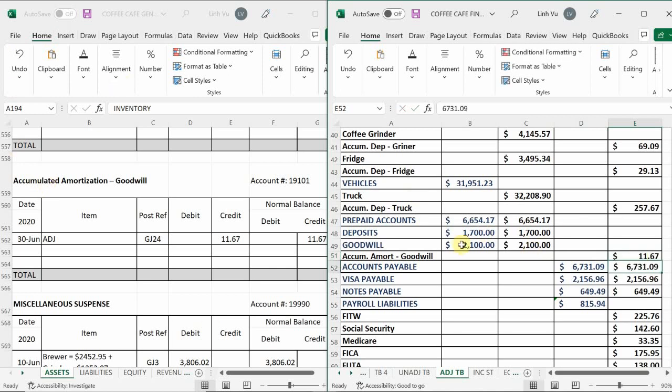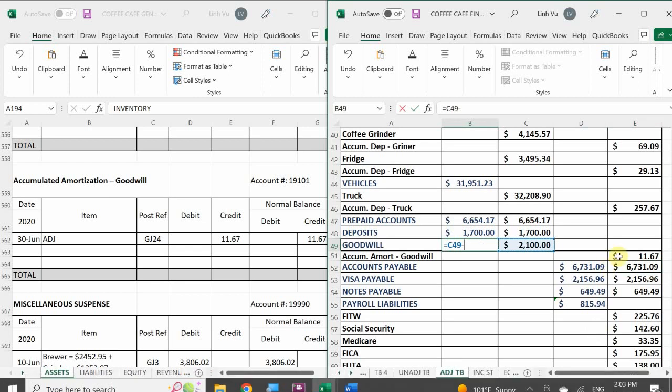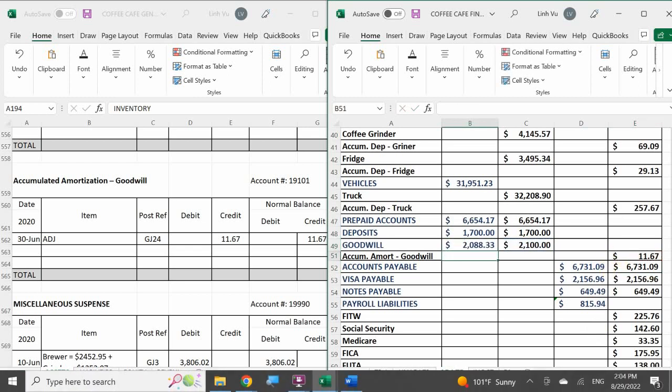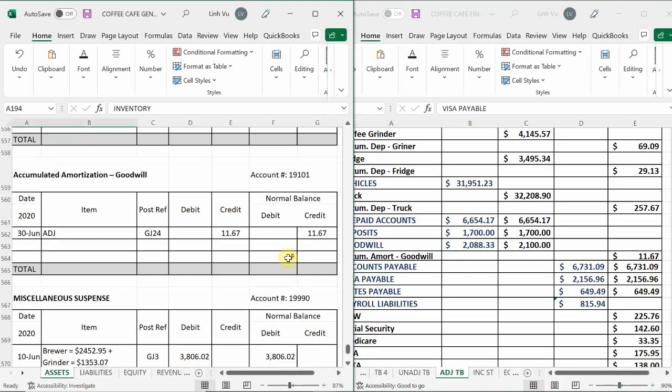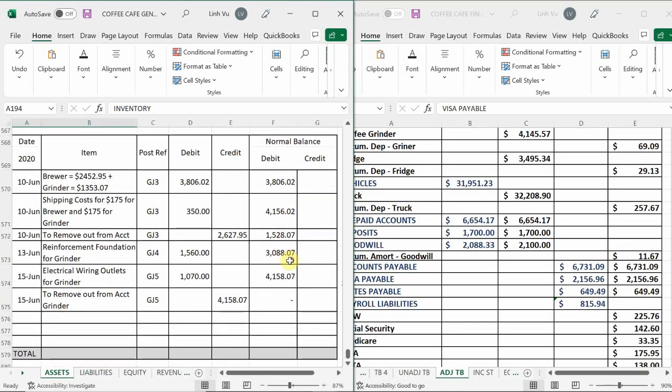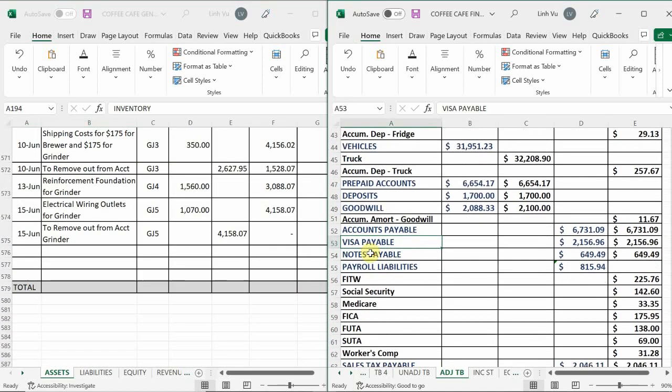So therefore, my goodwill account is no longer $2,100. It is now actually a grand total of $2,088.33. Okay. Miscellaneous expense, once again, has nothing there. So I finished my assets.